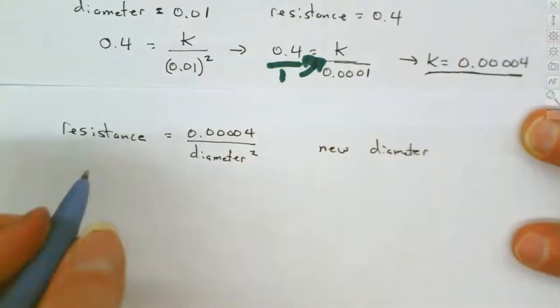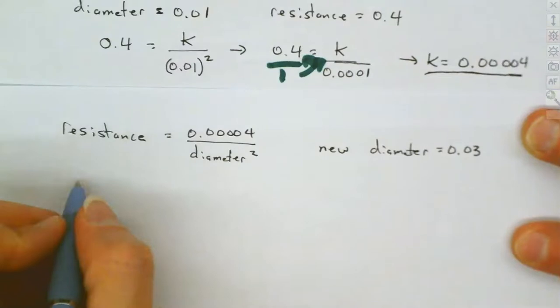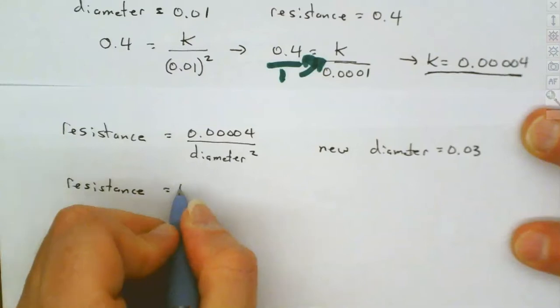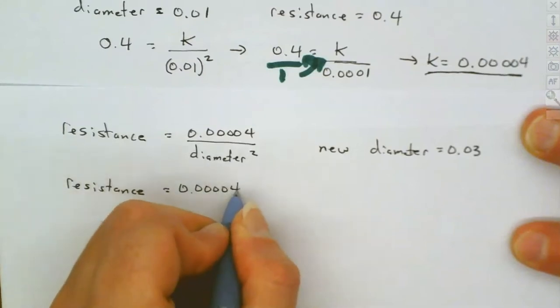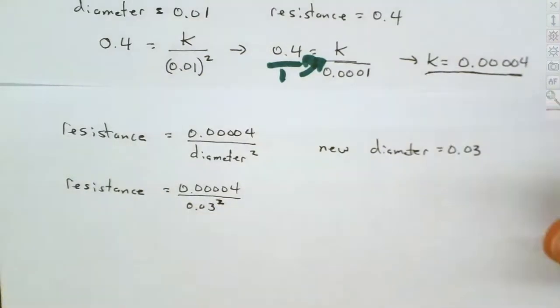So we're going to plug in our new diameter, and we're going to see what happens to the resistance. What do you think is going to happen as I increase the diameter of this wire? As I increase the diameter of the wire, it's getting bigger, right? Resistance is going to go down because current can flow easier. So the resistance should be less because my diameter is bigger.